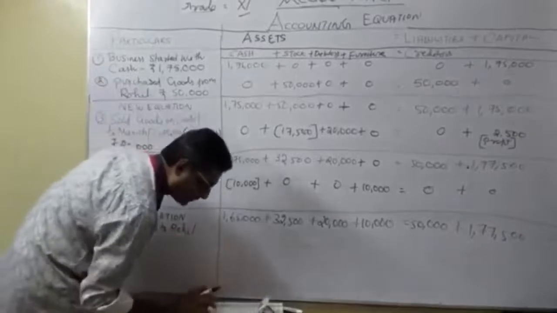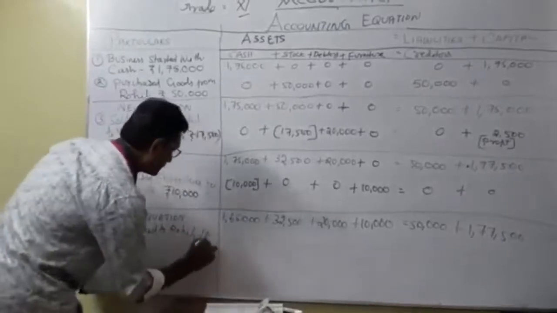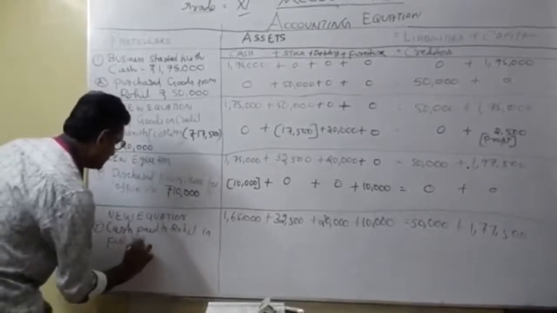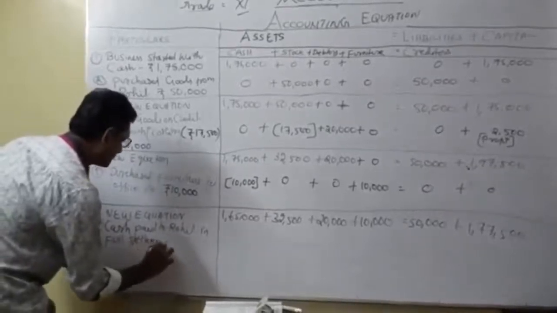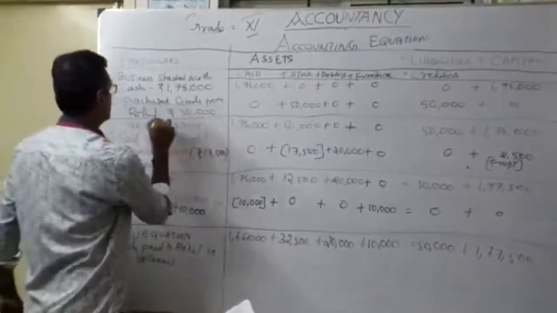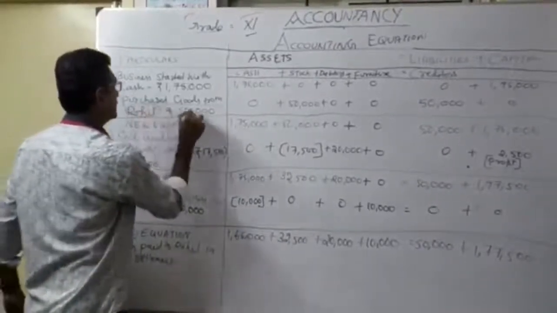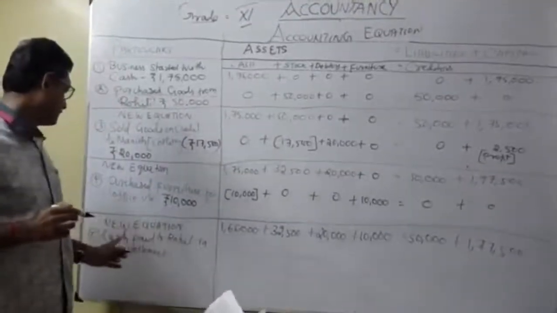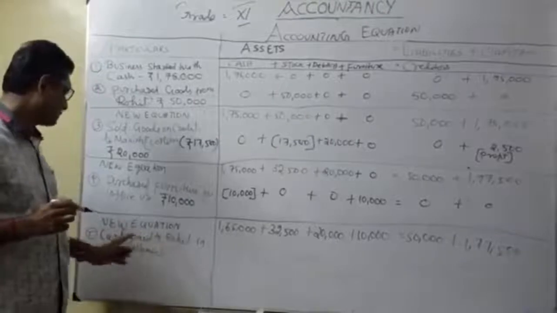What did they say? In full settlement. So this is a very important transaction. Full settlement, that means what? See, here we already purchased from Rohit, right? So purchased goods from Rohit, how much? 50,000. So now we paid, new equation, cash paid to Rohit in full settlement.